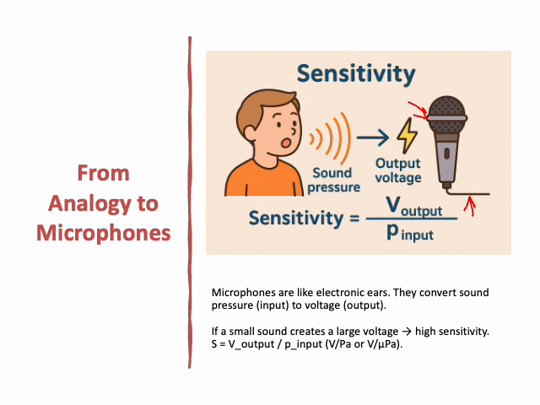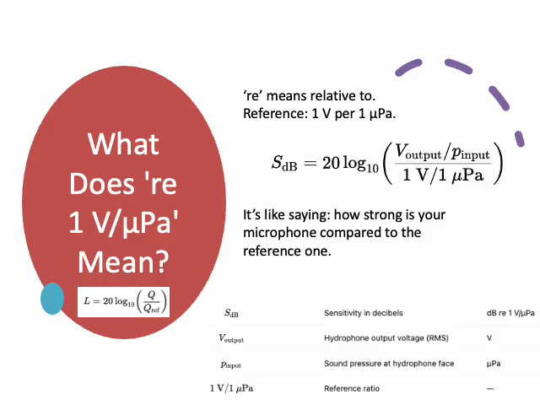Because the range of possible values is large, as expressed in the previous slide, we express sensitivity in dB rather than raw volts per pascal. This makes it easier to compare sensors and work with this data. Since we define sensitivity relative to a reference, its unit becomes dB re 1 volt per micropascal.